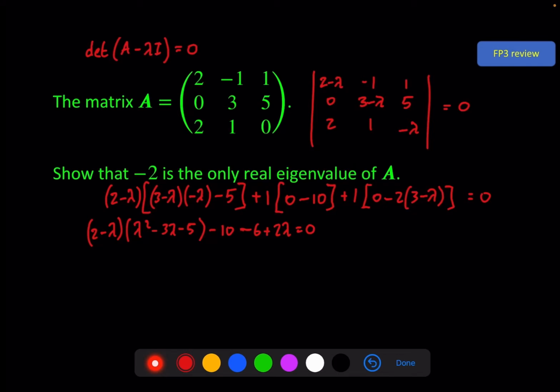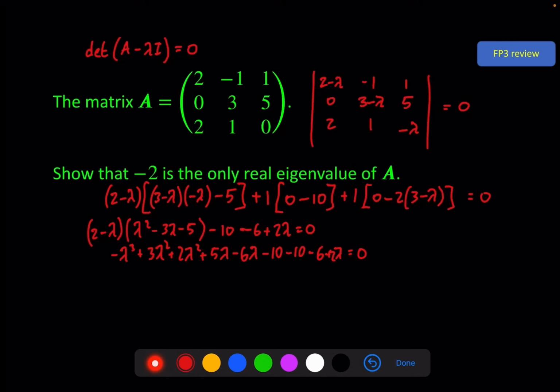We end up with minus lambda cubed plus 3 lambda squared plus 2 lambda squared plus 5 lambda minus 6 lambda minus 10, and then from outside the bracket minus 10 minus 6 plus 2 lambda.